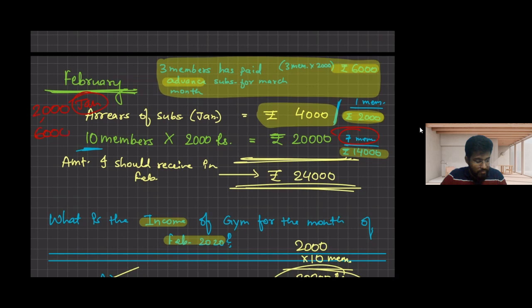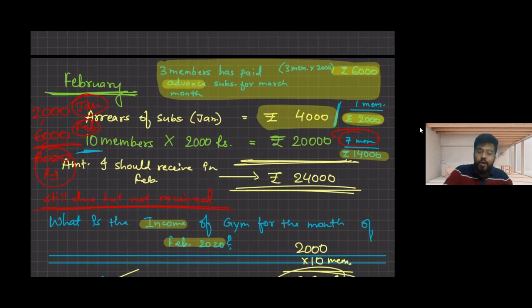So 3 members' fees is 6,000. That is February month. So I could say 8,000 rupees is still due, but not received.